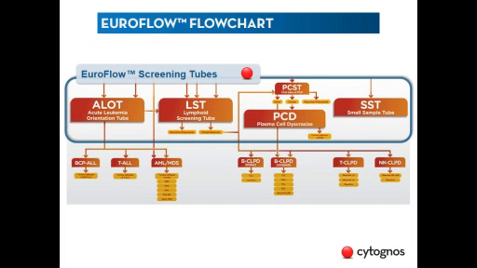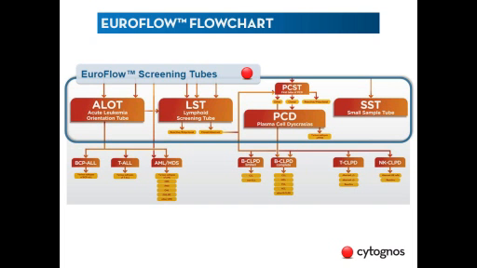One of them, ALOT, is the acute leukemia orientation tube. LST is the lymphoid screening tube for mature populations, for chronic lymphoproliferative disorders. Then we have the PCST for plasma cells, to see where the problem is, and also the small sample tube, which, as I said, is for small samples like CSF.